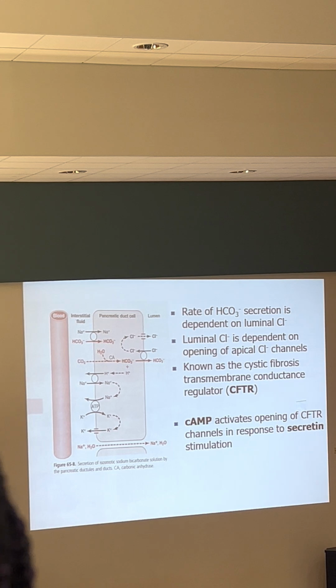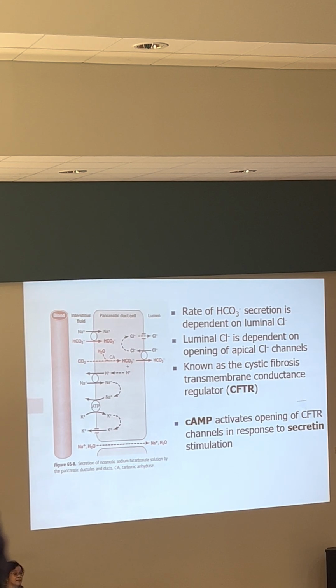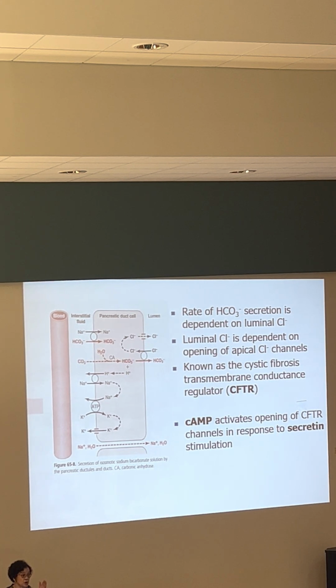So acidity of the intestine will cause the release of secretin. And if you recall, I told you to look up secretin and gastrin and these things. Secretin is released from S cells under the influence of acid. The secretin is the stimulus to cause these channels to open to allow the chloride movement, so that bicarbonates can be secreted into the lumen.